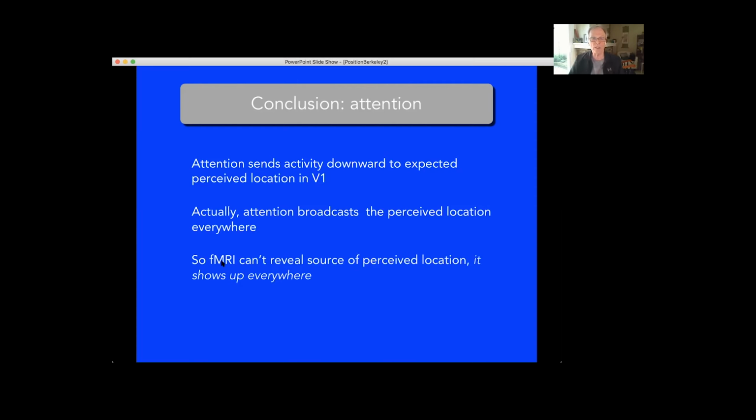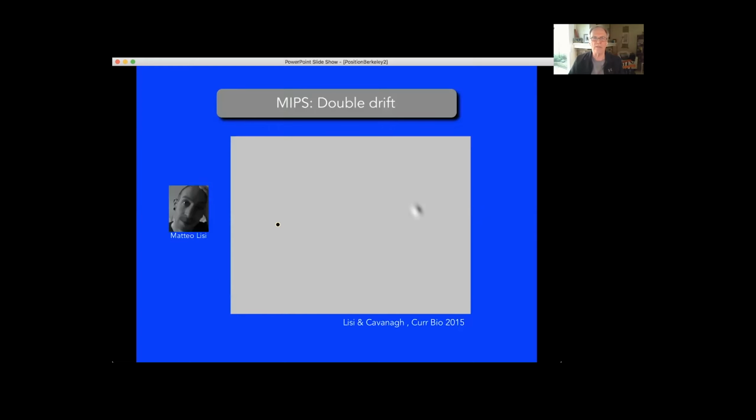But that means you can't really find where the perceived location first emerges, because that perceived location is then broadcast back everywhere else. So that's a problem. But it wasn't a problem in one study by Fischer, Spotswood, and Whitney, so we're going to get back to that at some point. They say that they didn't find any shift in V1, and we'll see about that. Okay, that's the first part of the MIPS.